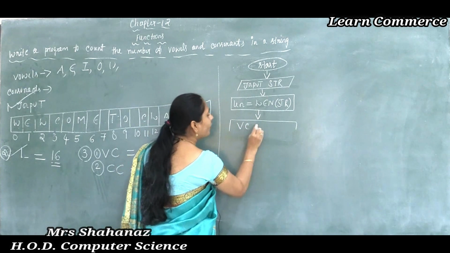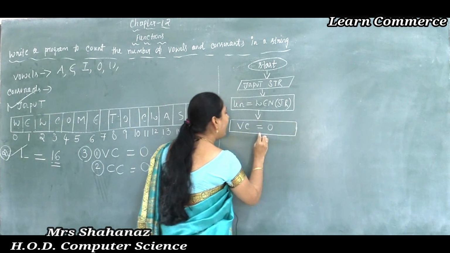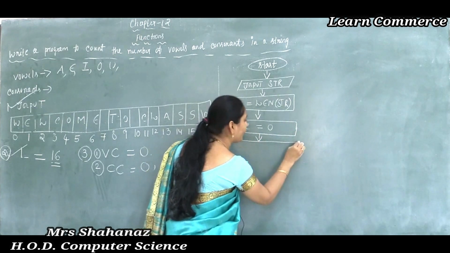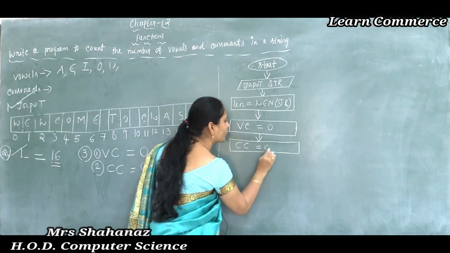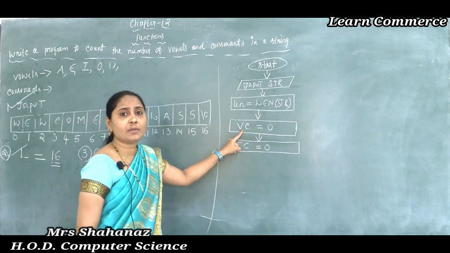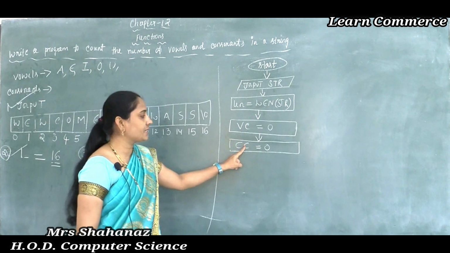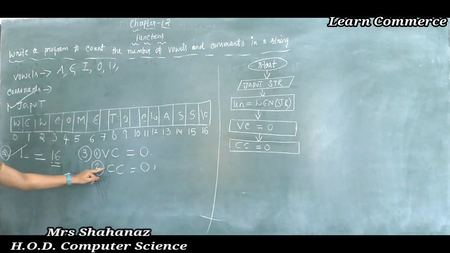First of all, VC value is equal to 0. So this is one process symbol, and the next is the second process symbol. In this case I am going to use CC value is equal to 0. Otherwise, in one process symbol only you can initialize VC to 0 and CC also to 0. That means we completed till here.